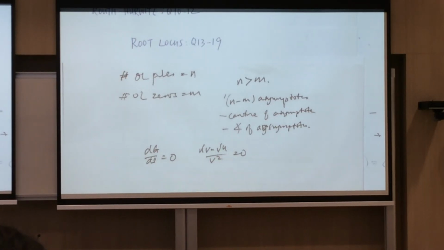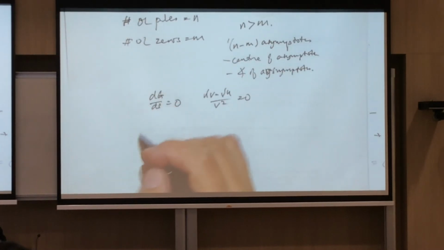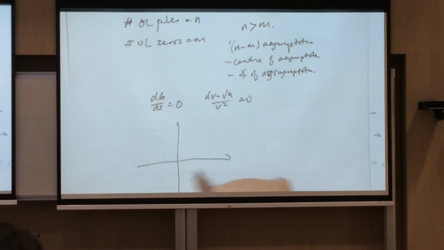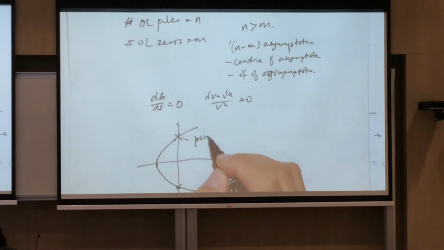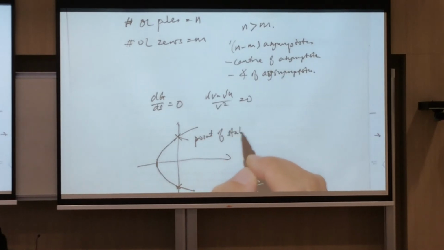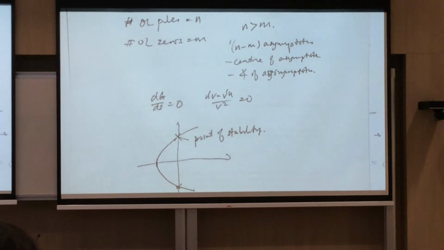All right, and next, if you have a double point here, and you know that the asymptotes are such and such, and the crossover, you will be expected to find what is the point of stability. Okay, so for this, you can choose to use the Routh stability criterion to tell me what is this k value.